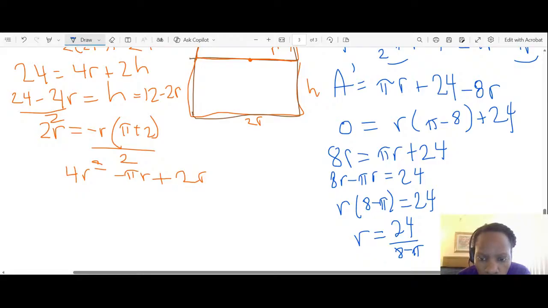H plus R. Half the circumference of a circle is pi r. So 2h plus 2r plus pi r equals 24. Let me see if I have the same thing.